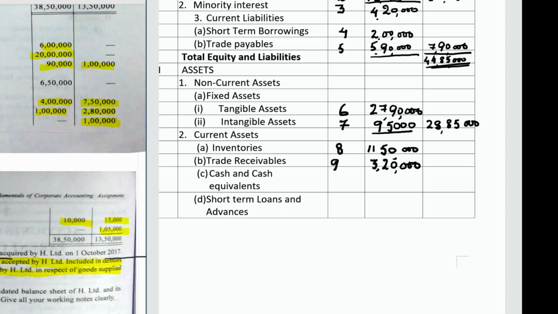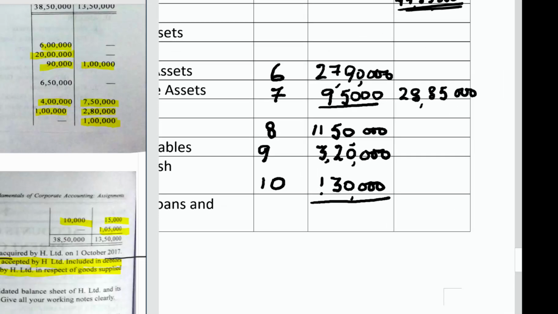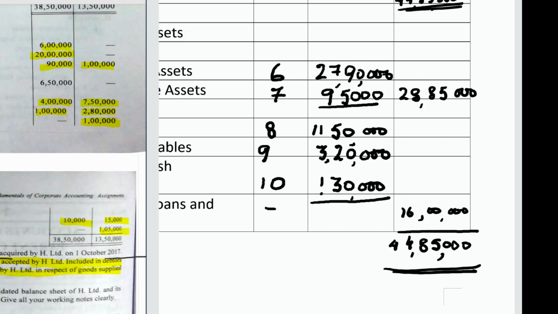Cash and cash equivalents, note number 10, 1,30,000. The total comes as 16 lakhs. The total of the asset side is 44,85,000, which is exactly equal to the liability side total, which is 44,85,000. Hence, our balance sheet matches.